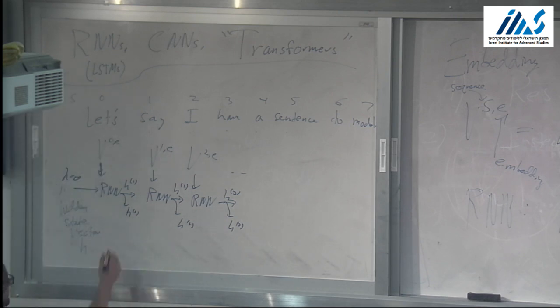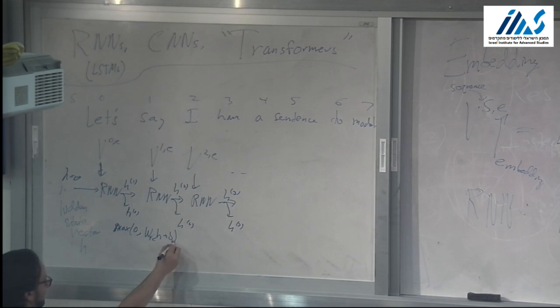So we can add some simple neural net function to digest H, a nonlinear function of W times H plus B. This is some separate fully connected part, and this then gives us some vector Y.